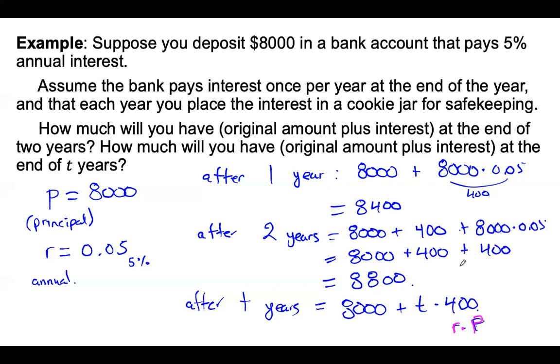Here you see this part is 2 times 400, and this 400 you got from the 8,000 principal times our rate. So this is our time times our principal times our rate. Do you see it?